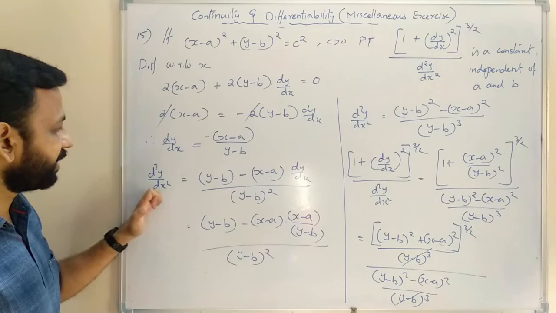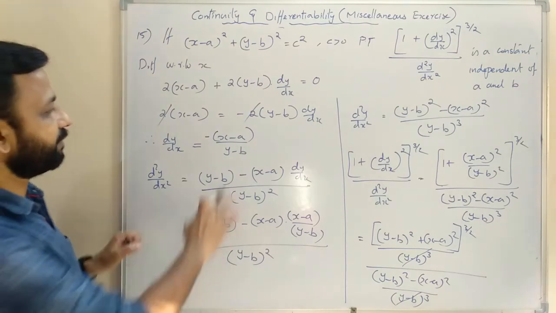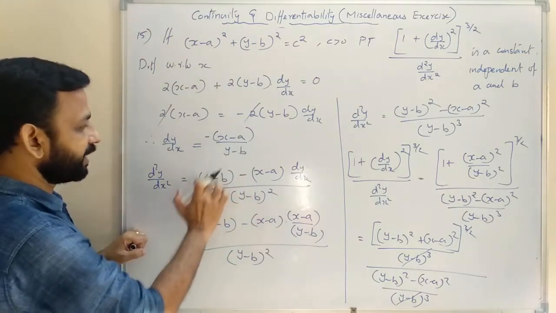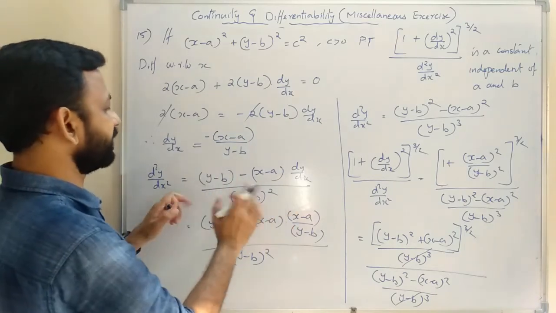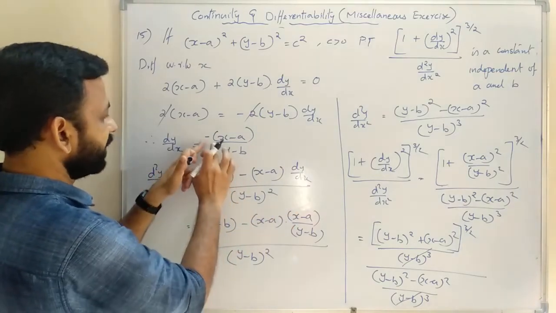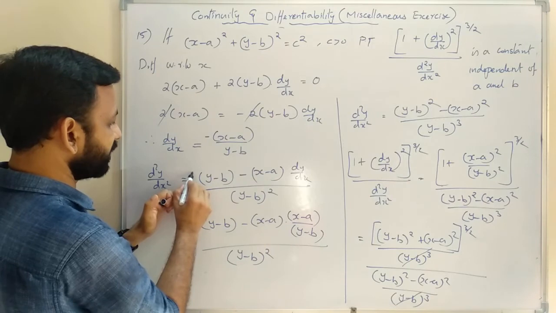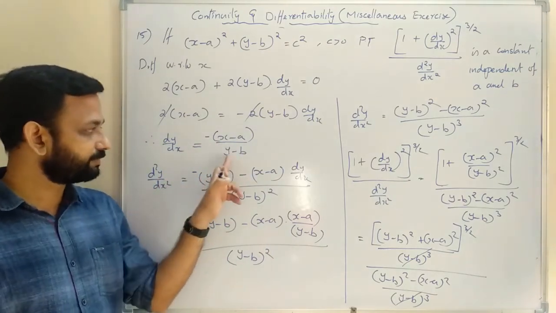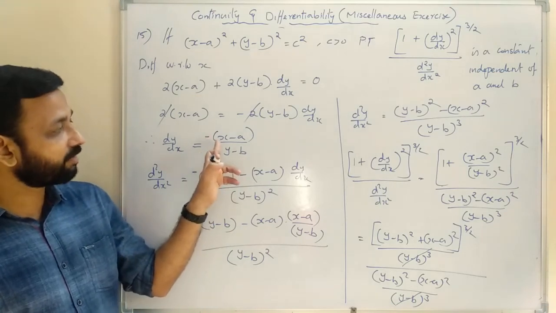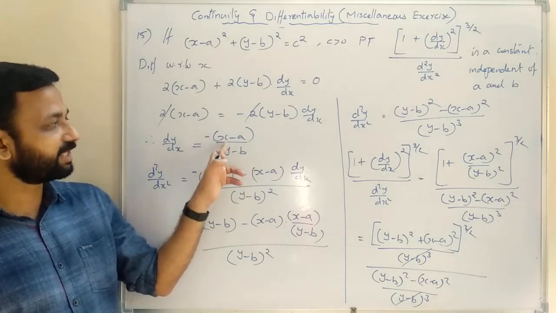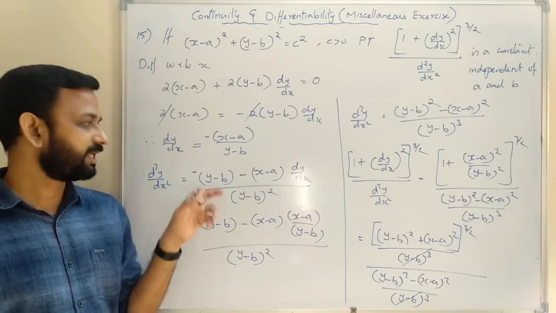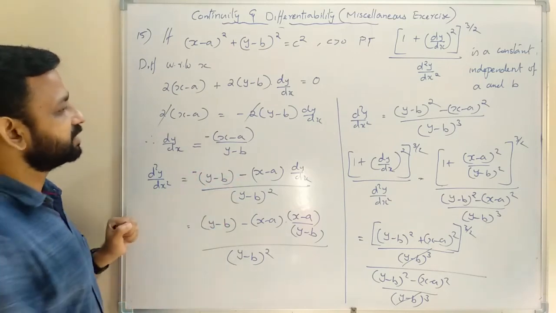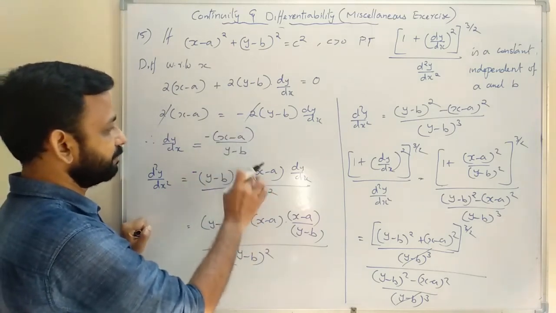So d square y by dx square is equal to denominator into derivative of numerator. So derivative of numerator, derivative of minus of (x minus a), so one negative sign will be there. Denominator (y minus b) into derivative of minus of (x minus a), so that is minus 1, minus numerator, minus (x minus a).